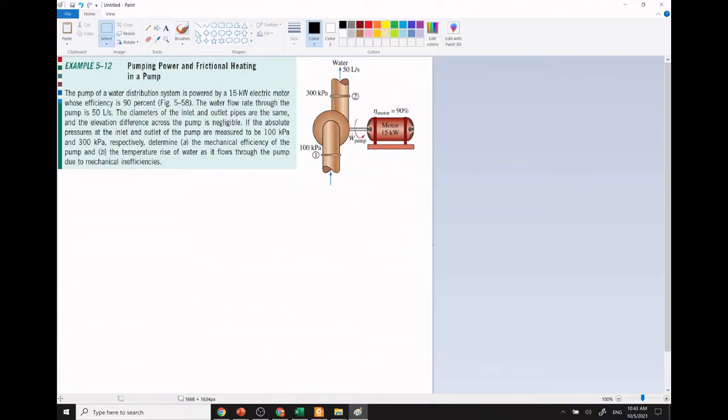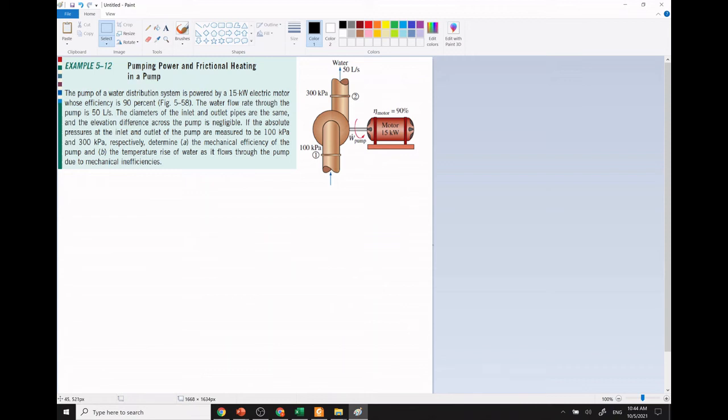Okay, so we are looking into example 5-12, the pumping power and frictional heating in a pump. The pump of a water distribution system is powered by a 15 kilowatt electric motor.